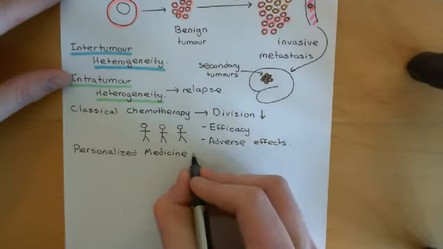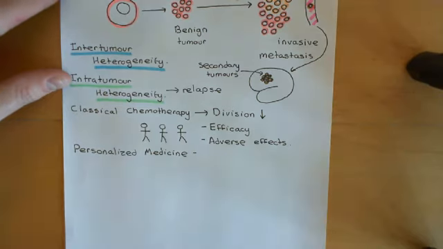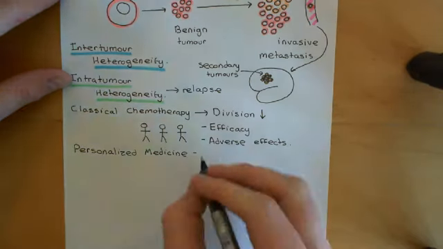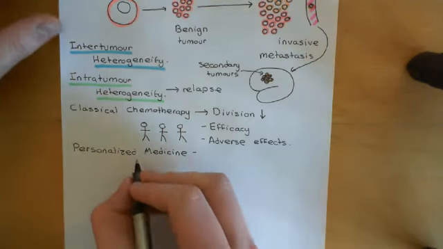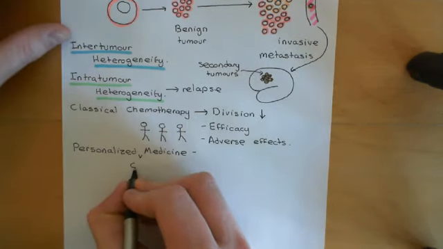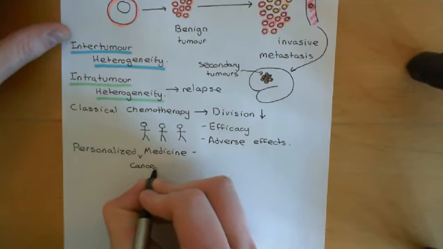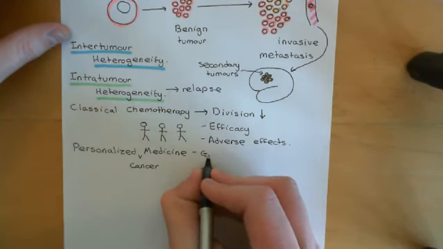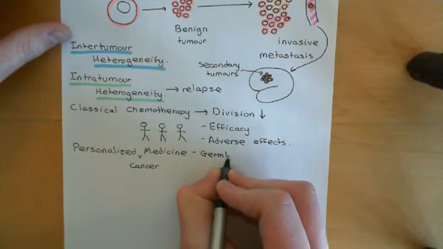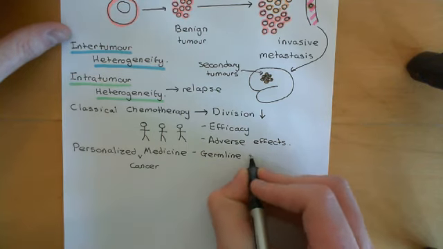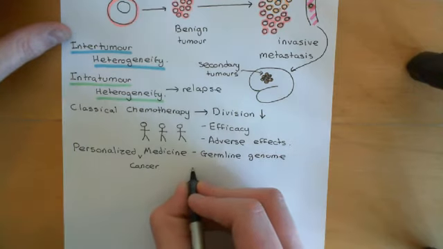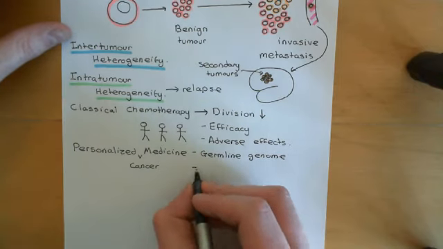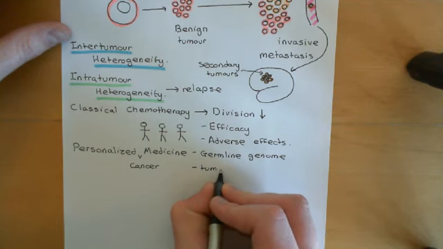So we'll be able to look at your entire genome, and we'll be able to predict how effective a drug is going to be. Now we're specifically looking at personalised cancer medicine, so we can't just look at your germline genome, we also need to look at the tumour genome. So in cancer medicine it's made slightly more complicated than other personalised medicine because we need to look not just at your germline genome but also the tumour genome.